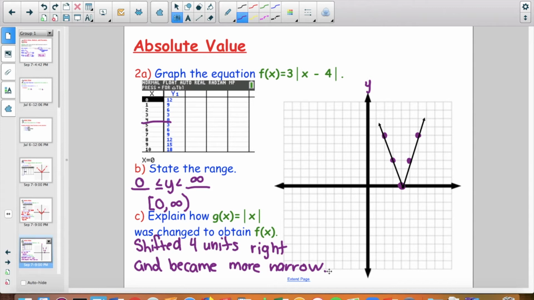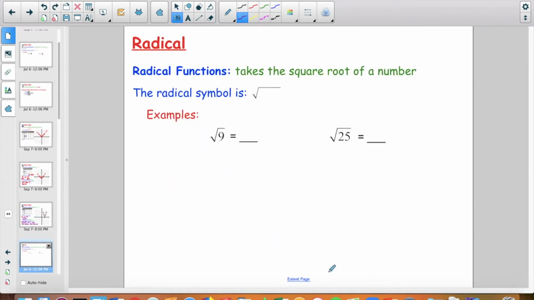Okay, so moving on, we're going to go to radical functions. Radical functions take the square roots of a number. A radical symbol is this symbol here. We've seen it before. Some examples of radicals: the square root of 9 is 3. The square root of 25 is 5.